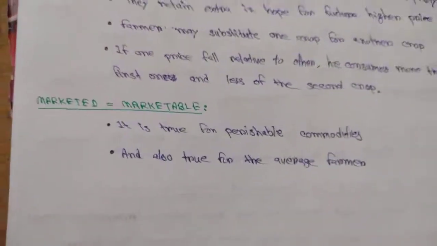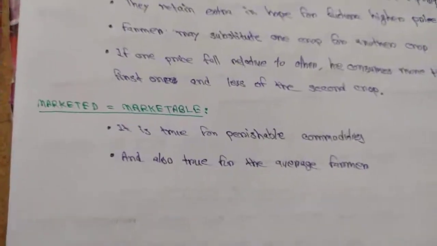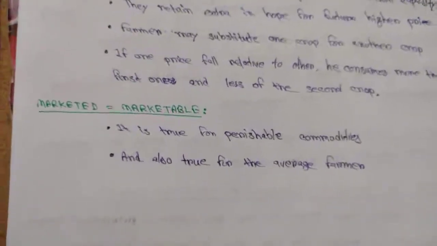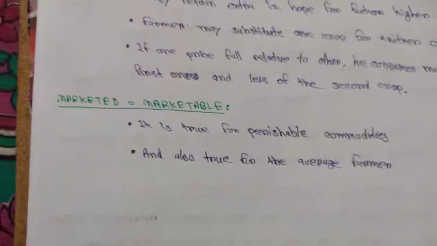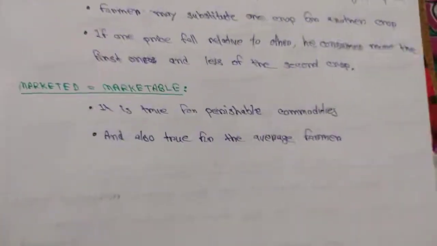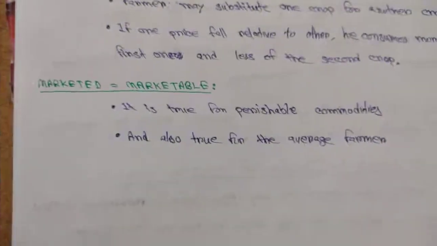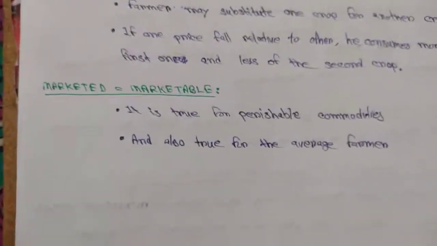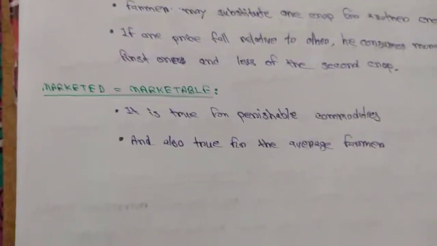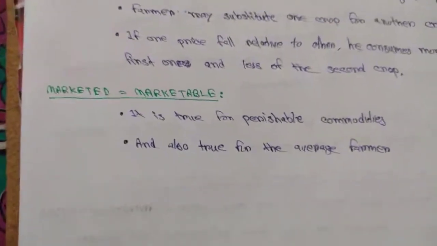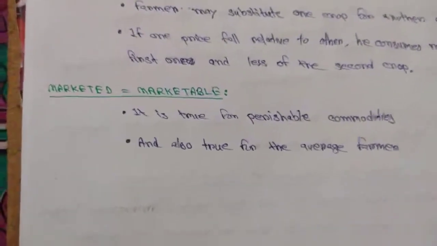So for perishable commodities, the marketed surplus equals the marketable surplus. This is a very normal concept. Hopefully you understand this. It is also true for the average farmer, who does not have much facility to store the grain for future higher prices, so they sell whatever remains after their requirement. Thank you.